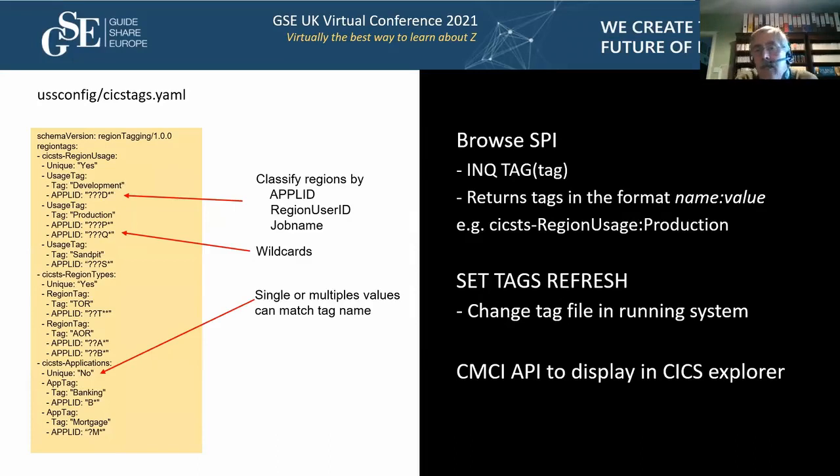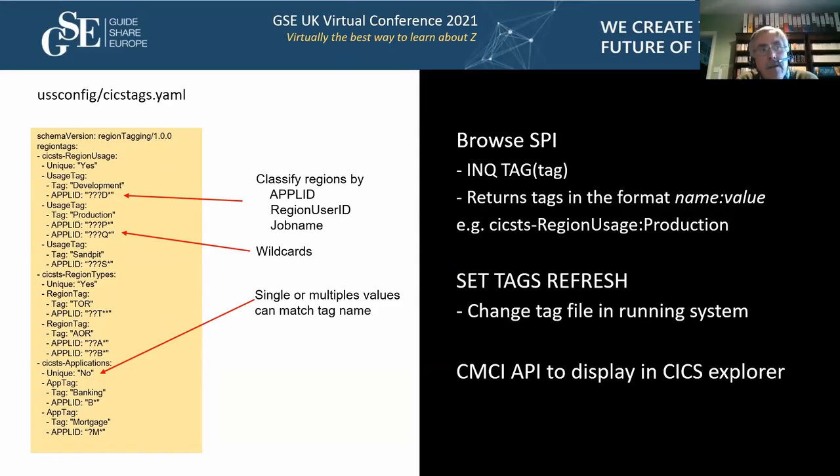And here you define in a YAML style file your naming convention. So in this particular file, we've got what a region is used for. It's a development region if it's got a D in the fourth character of the APPLID, or if it's got a P, it's a production region, and so on. So it defines the region usage, whether it's production, development, etc. Or it could be a region type.